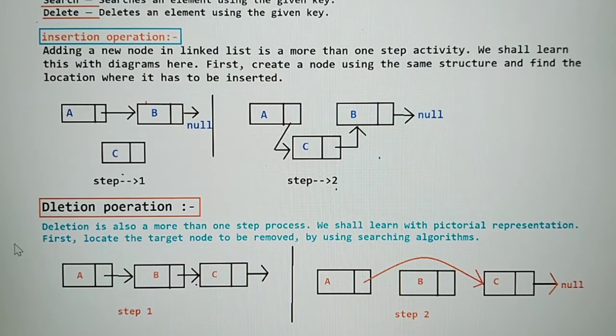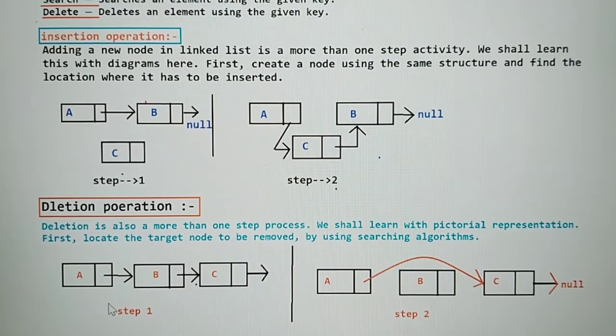Here it is written that first locate the target node to be removed by using a search algorithm. So guys, you can see that in step 1 it is also a linear singly linked list.